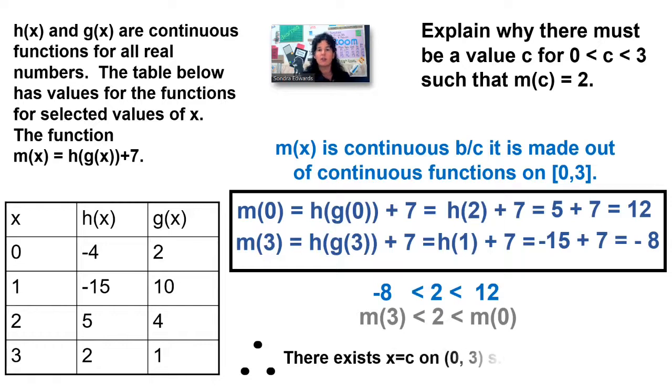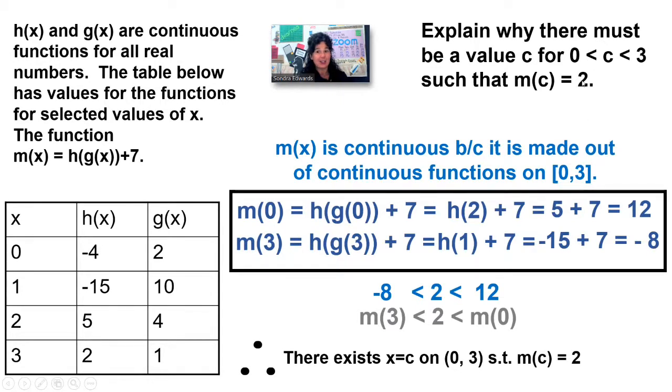Therefore, there exists an x equals c on the open interval 0 to 3. It's not happening at 0, bracket, because I know when I plugged in 0, I got out 12, not 2. So it's not happening at x equals 0. 3 parenthesis. We're not including 3 because at 3, we got a height of negative 8.